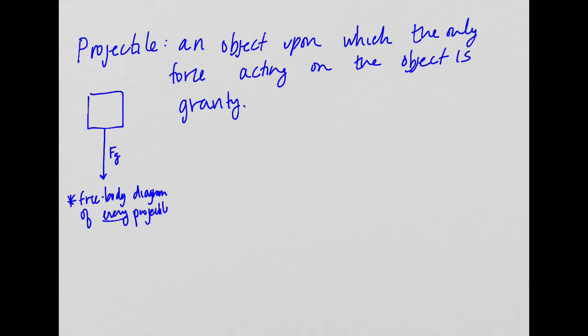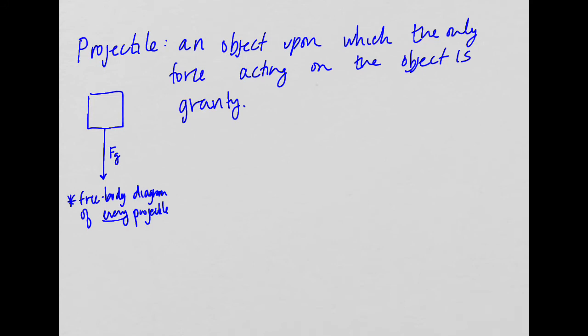So my question for you is, what about objects that experience air resistance when they're falling? Because obviously a projectile is something that's falling, right? If only the force of gravity is acting on it, it's something that's falling.